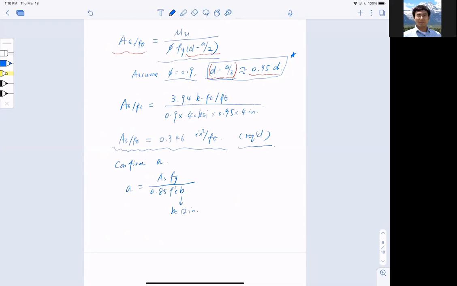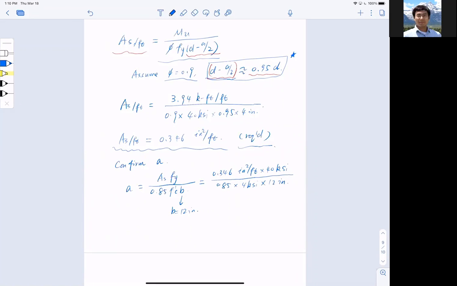That is the width of the section, the unit strip again. So this equals 0.346 inch squared per foot, multiplied by 40 ksi, divided by 0.85 times 4 ksi, multiplied by 12 inch.